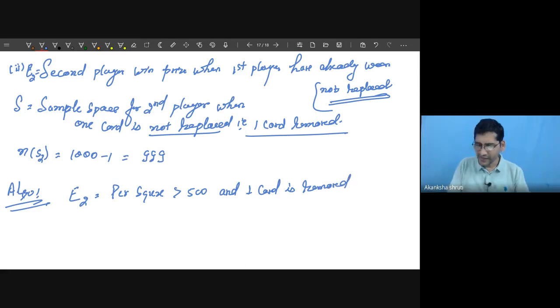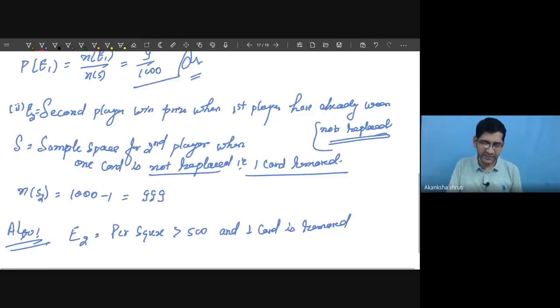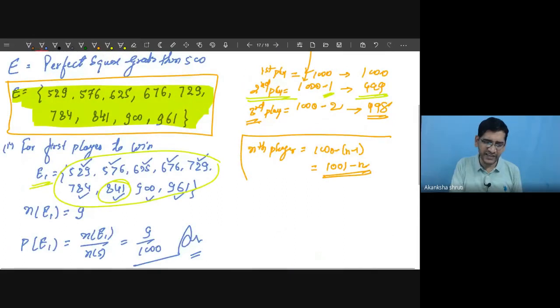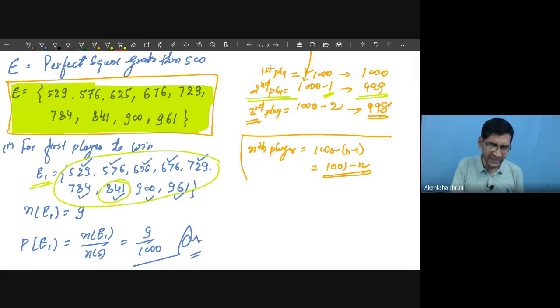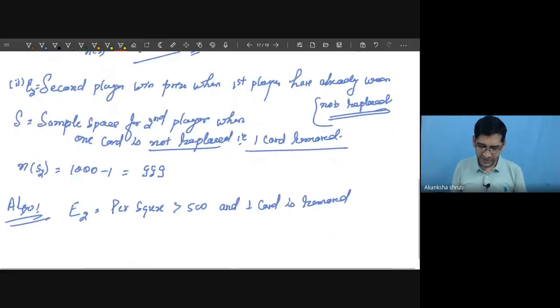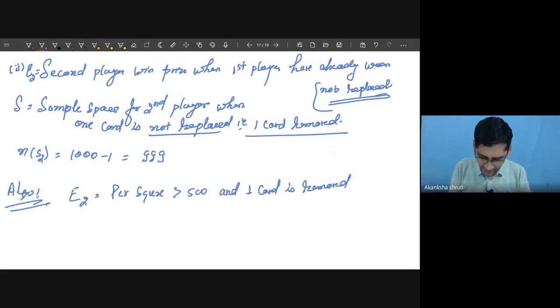Means from the earlier one, whatever I have highlighted in yellow, even one of the cards is removed, though that card we do not know, and that is also not required here exactly. So just counting the number, we can calculate it.